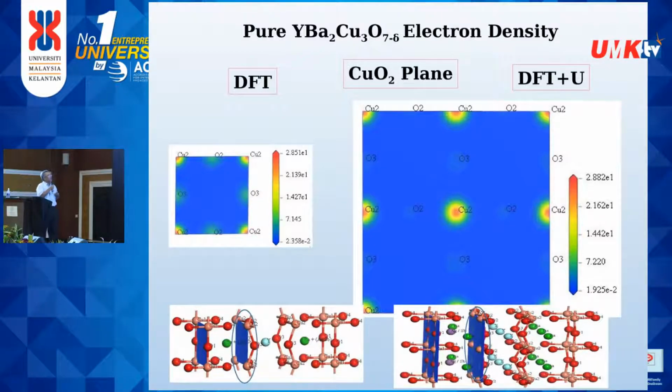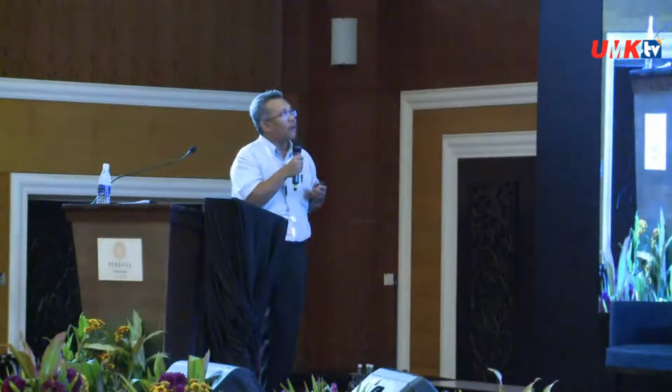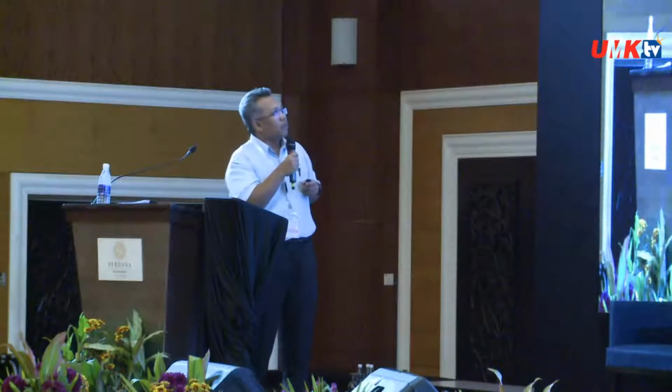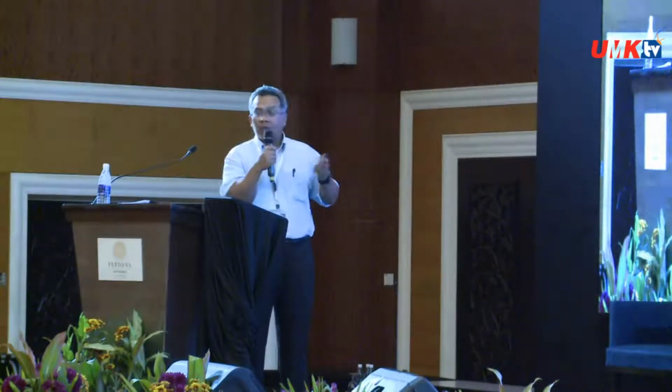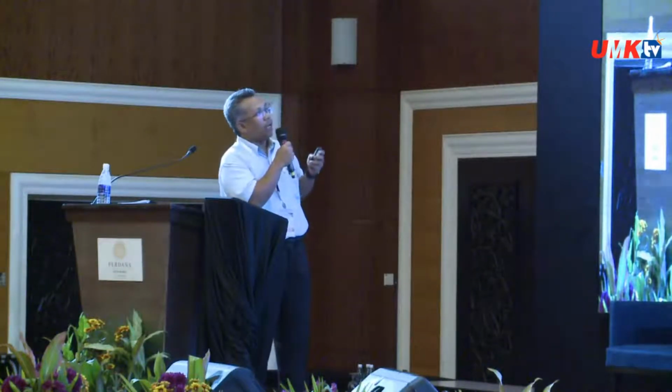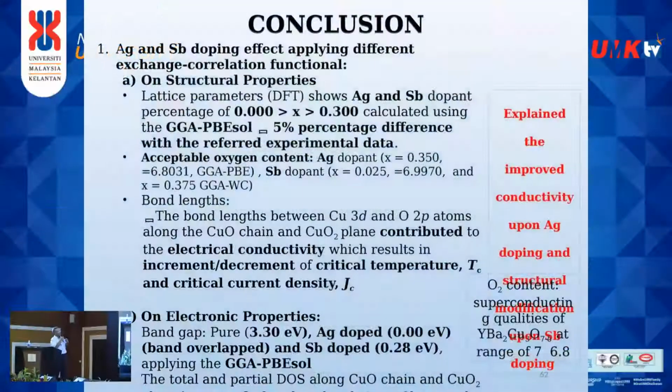All right, so silver and antimony doping effect applying different correlation functional. On structural properties, the lattice parameter using DFT shows antimony and silver represented at x between 0 to 0.3. The difference is only 5%.